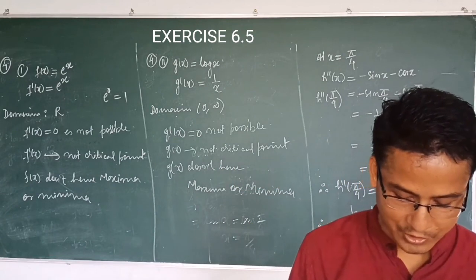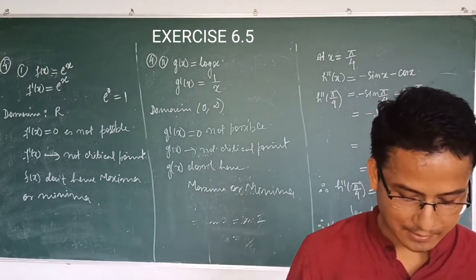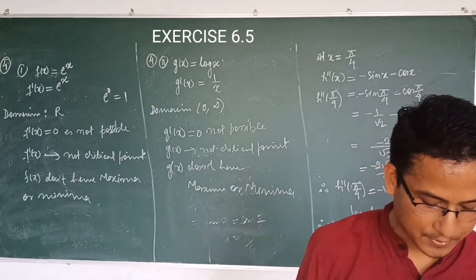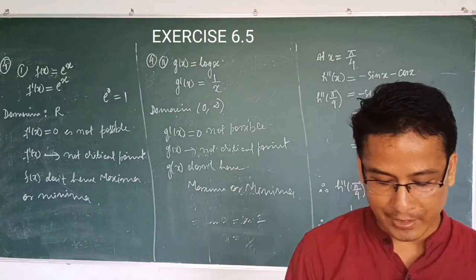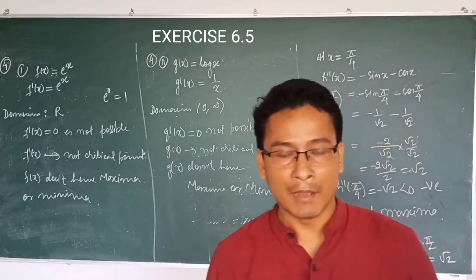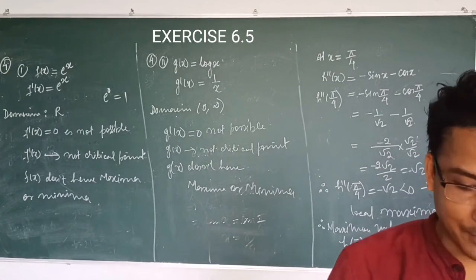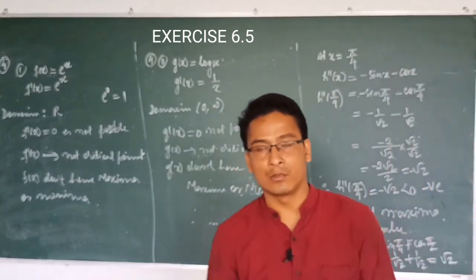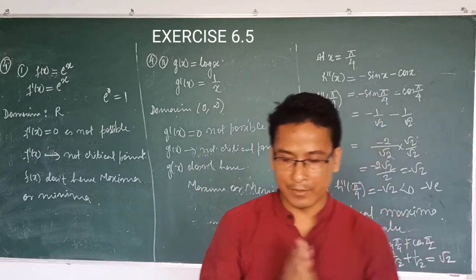So the last questions from the exercise are very important. In my next class we are going to solve questions number 5, 6, 7, 8 and so on. One by one we will solve every question of this exercise. All these questions are very important. So that's all for today. Thank you and have a good day.